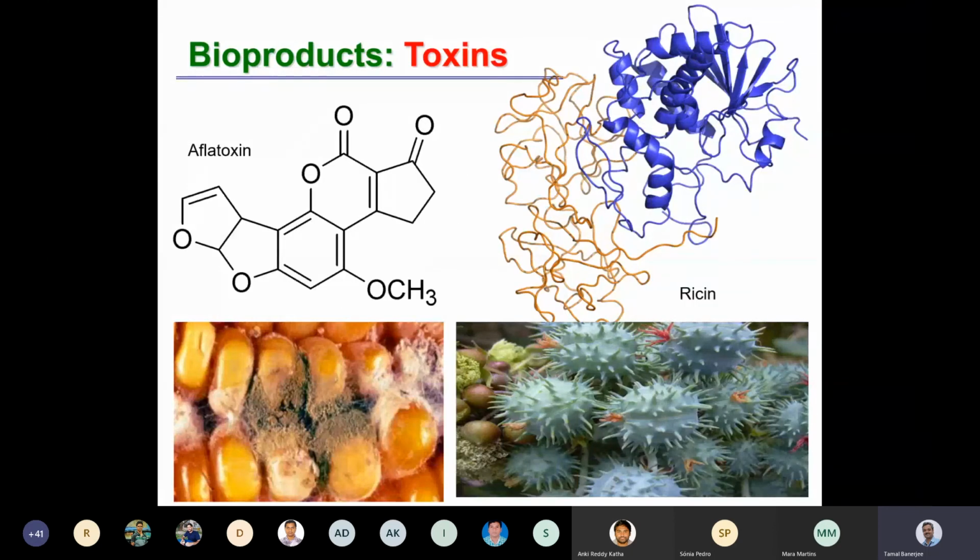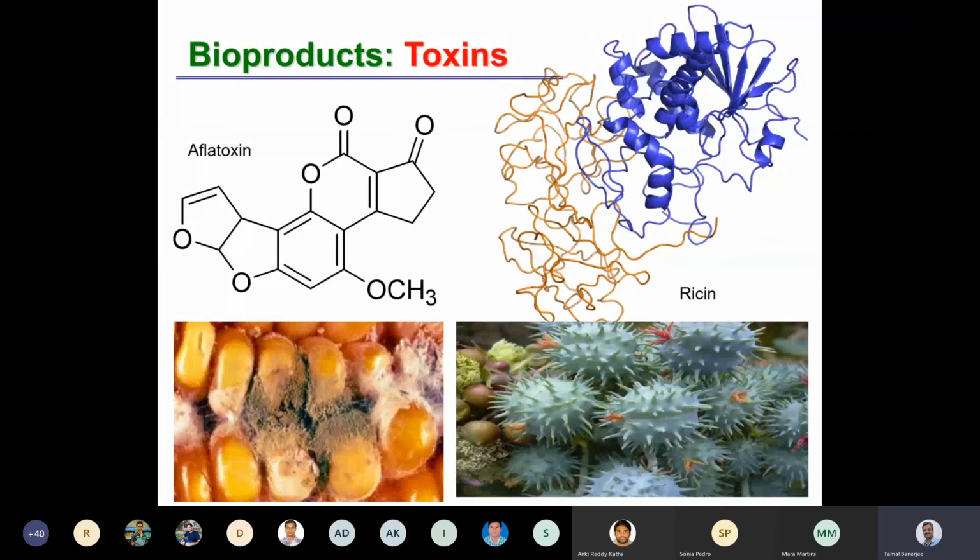Here are two examples: the aflatoxin produced by Aspergillus flavus, a fungus that contaminates peanuts and Brazil nuts, and can promote liver cancer at very low concentrations, for example 50 ppb, parts per billion.